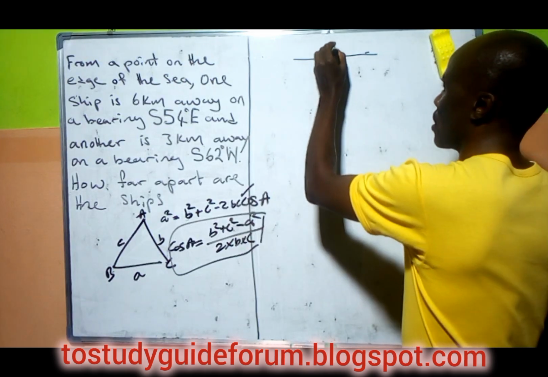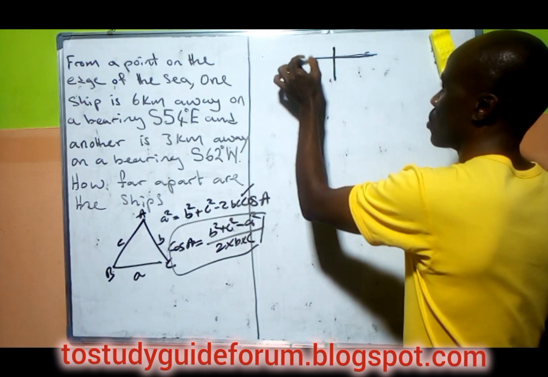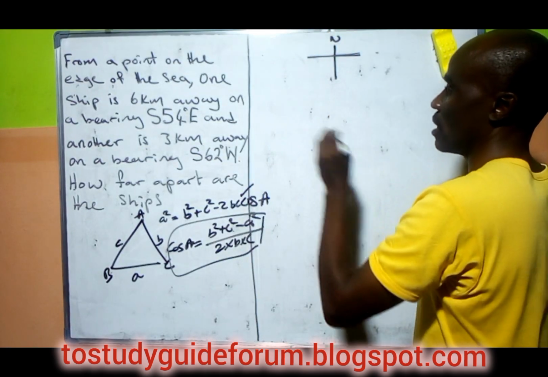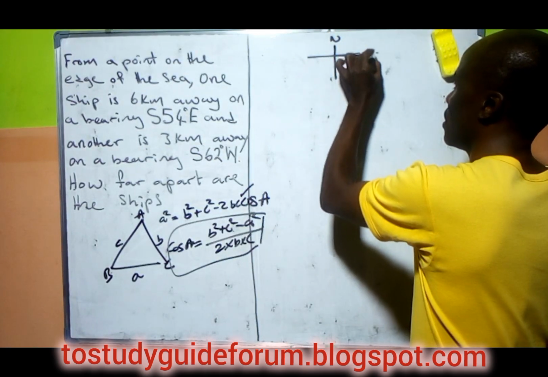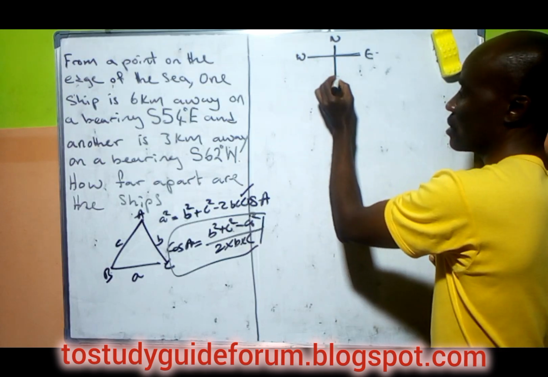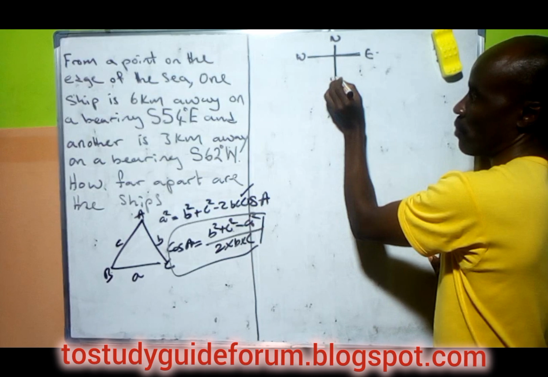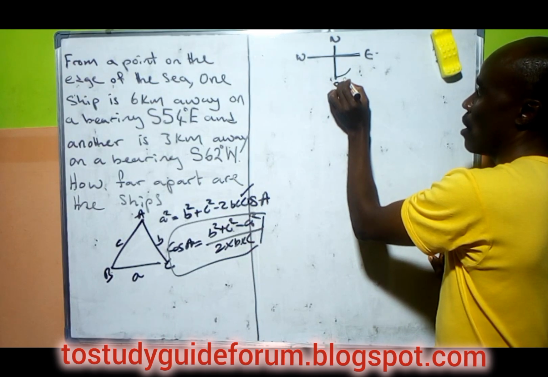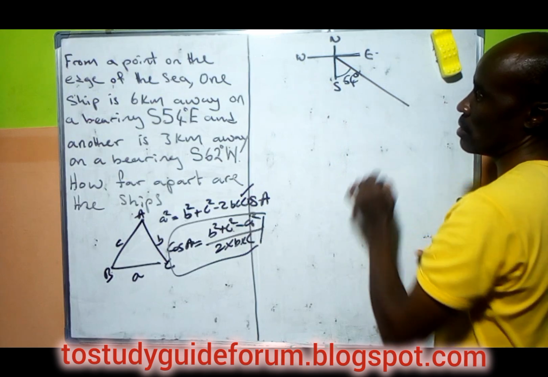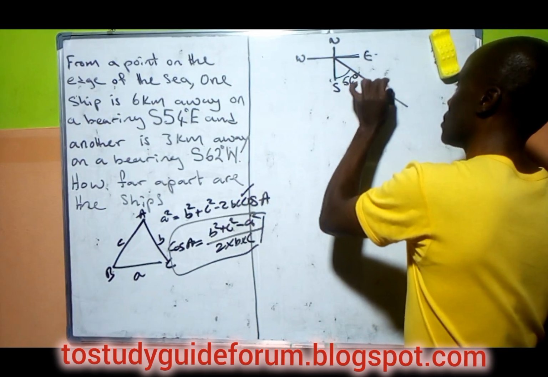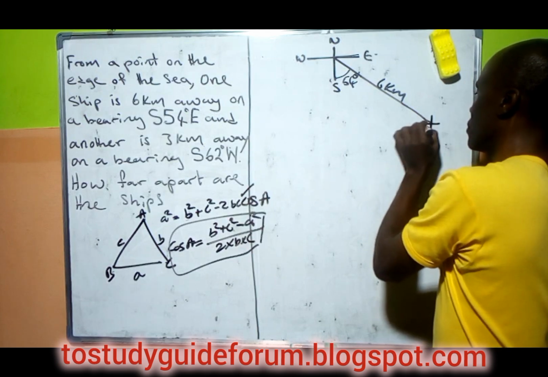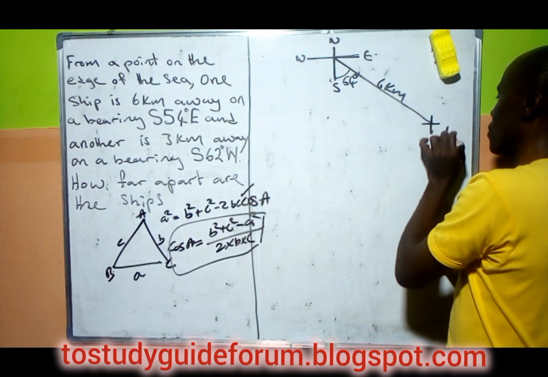That means this one is what we call compass bearing, because it has the cardinal point there. Since it's south, the bearing is coming from here, giving you 54 degree. Then the distance is 6 kilometer.